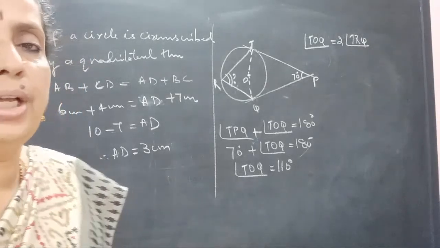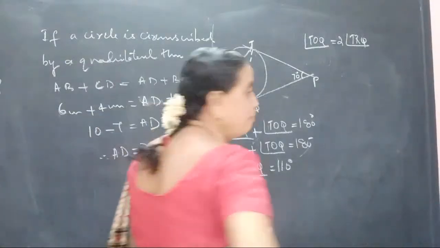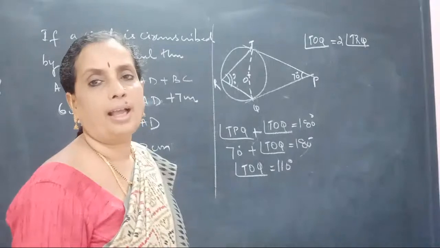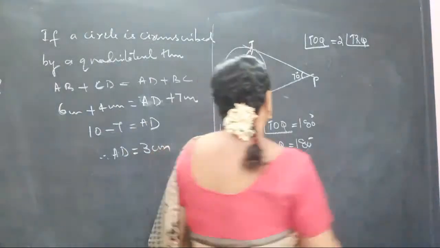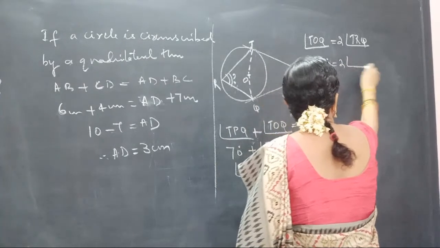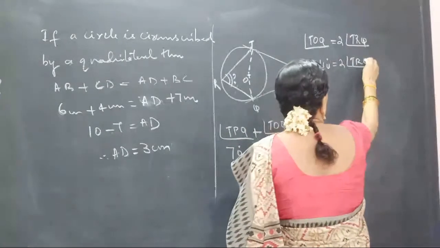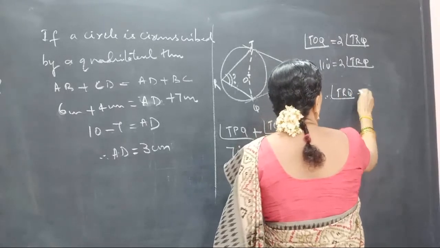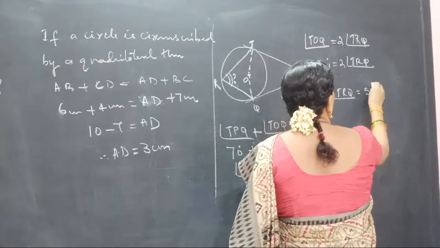Central angle theorem. Angle at the center is double the angle at the circumference. Therefore, 110 degree equals 2 into angle TRQ. Therefore, angle TRQ equals 55 degree.